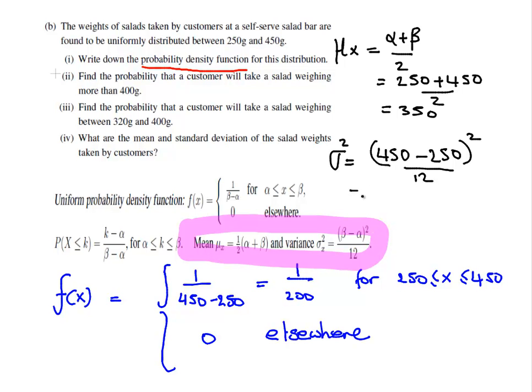So this is 200 squared divided by 12. Just as a quick remark, this here is the variance, but we're asked for the standard deviation. That's a little banana skin. So the variance is 200 squared divided by 12.